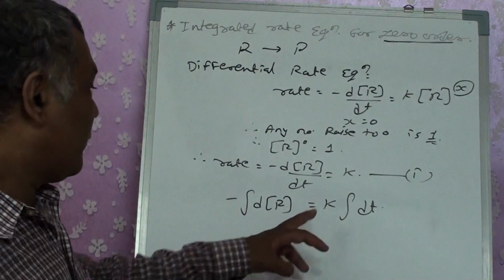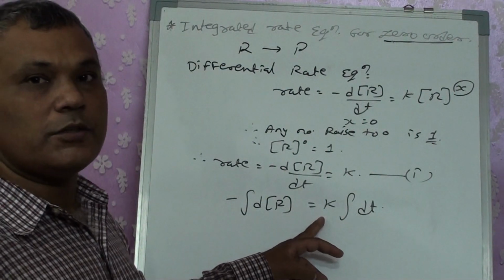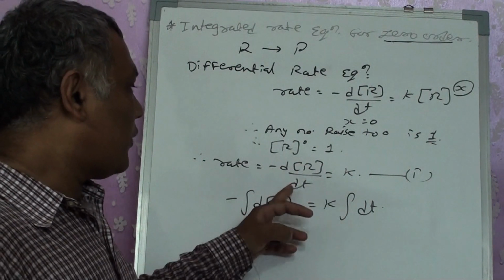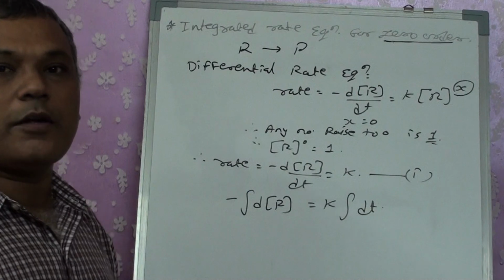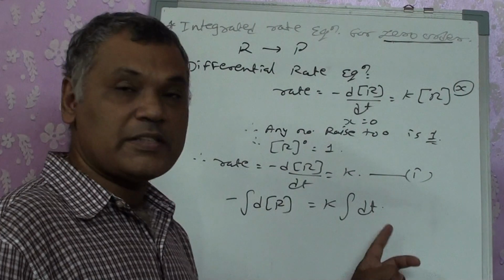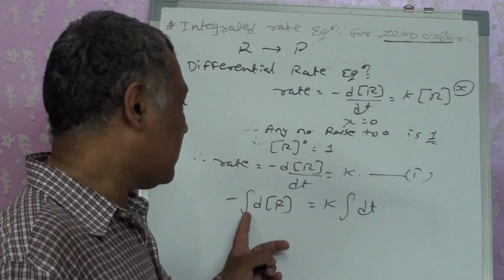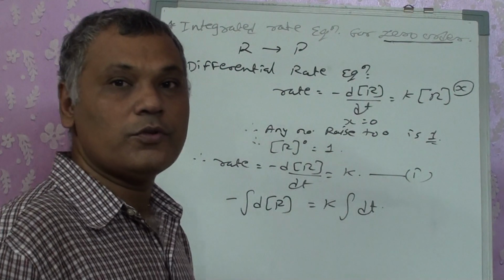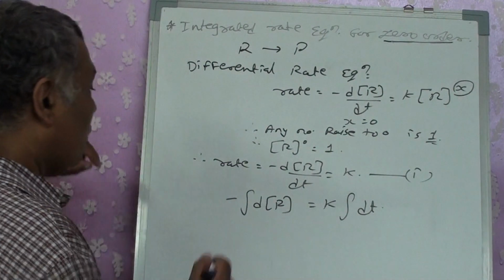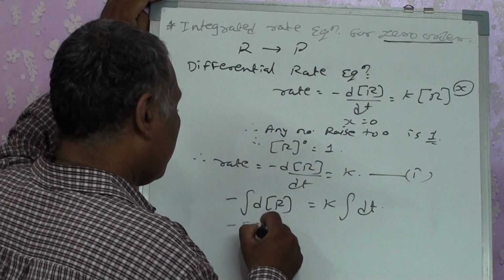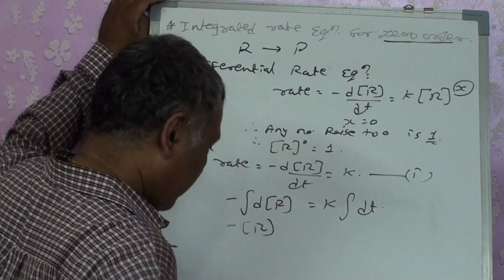K is a constant, and integration cannot be carried out with respect to two variables at a time, so we separated them. We wrote integration of minus d[R] equals k integration of dt. Now, what is the integration of minus d[R]? The answer is going to be minus [R].